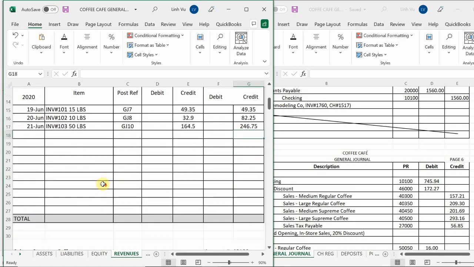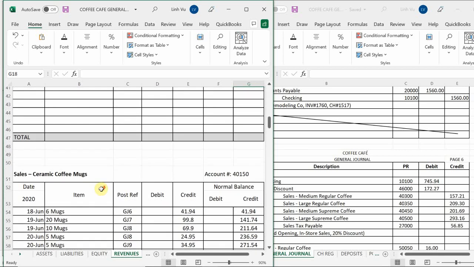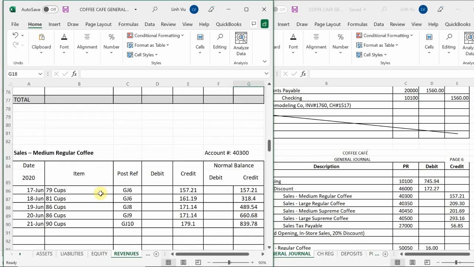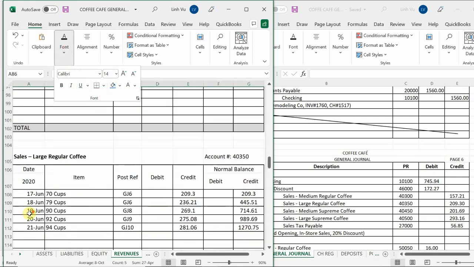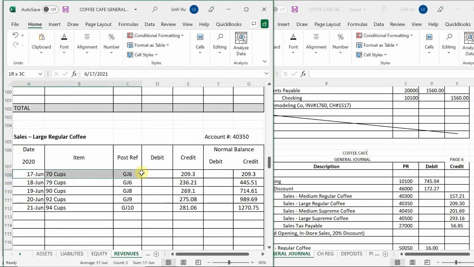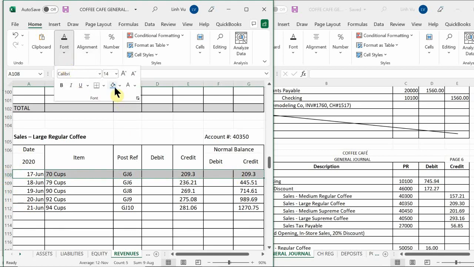So did we have, okay, so we had sales for the medium coffee for the 157, so that's correct. We had the coffee for the 209, which is correct. Okay.